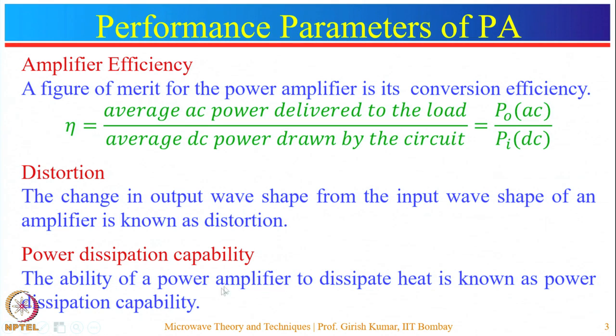Now since the transistors in these power amplifiers dissipate more heat, there is a need for some cooling arrangement. You might have seen in electronic systems that a fan is fitted at the back end of an instrument, and this fan provides cooling to the instrument and cools the transistor.